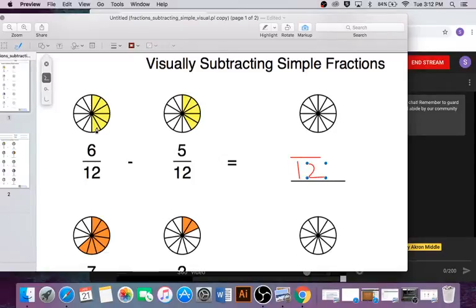And we started with 6, we're going to take away 5. So if we start with 6 and we take away 1, 2, 3, 4, 5, from our original number, we're left with 1 yellow piece. So we're going to shade in our 1 yellow piece over here. And our answer is going to be 1/12.